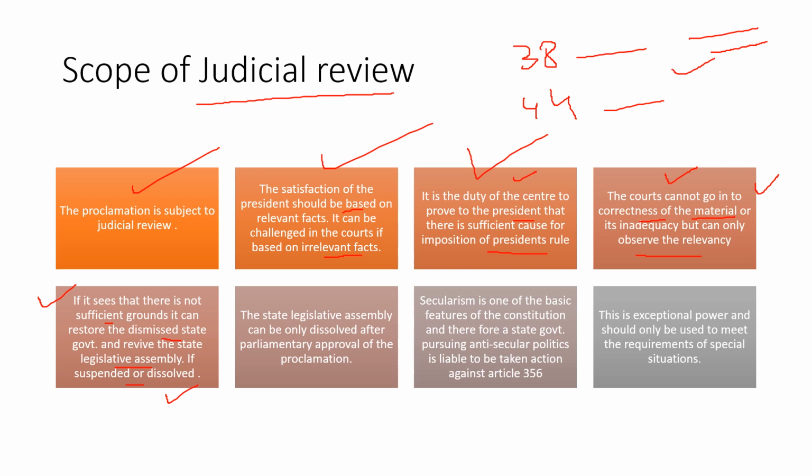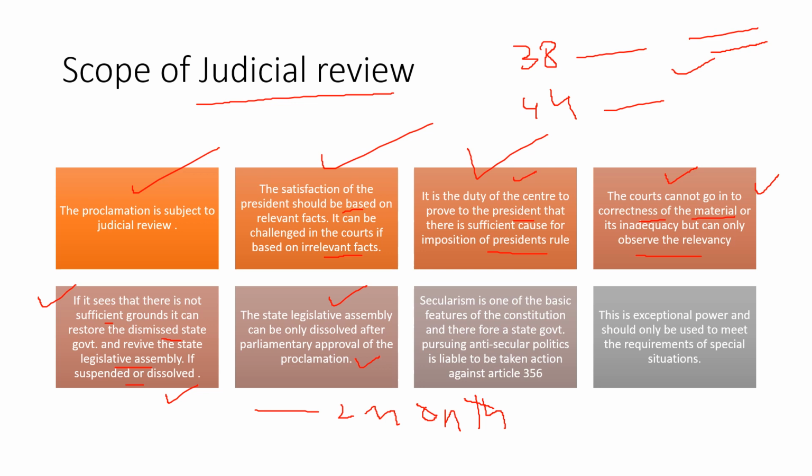Number six was that the state legislative assembly could only be dissolved after the parliamentary approval of the proclamation. As we know, the parliament has to approve the proclamation within a period of 2 months, and it has to be passed by both the houses of the parliament. So the state legislative assembly could only be dissolved after that.